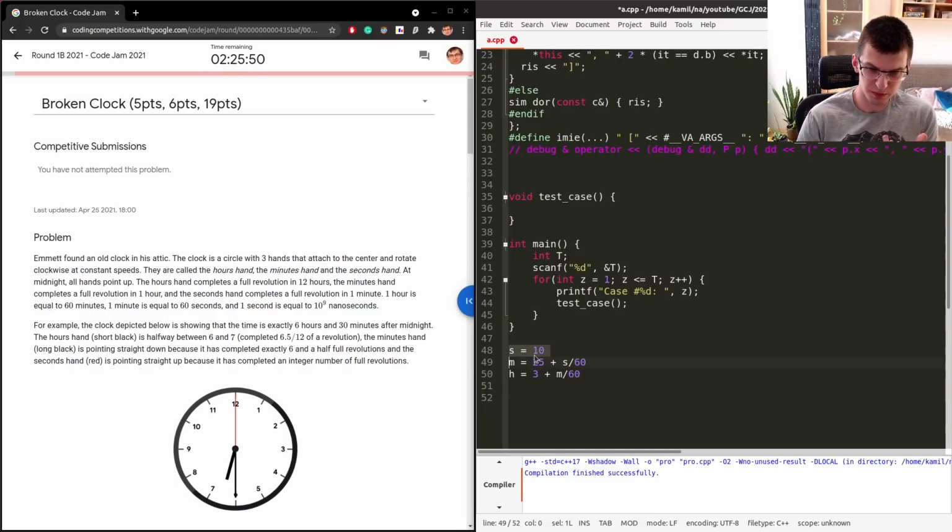This will be divisible by 60. If I know that this is something, basically I need to solve a system of equations, right? I don't know x. But I know that, for example, 10 is x plus this, that, and that. I think we have this system of equations.